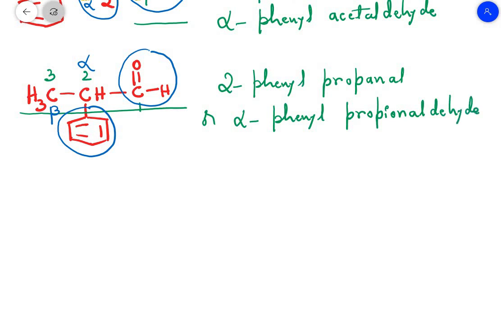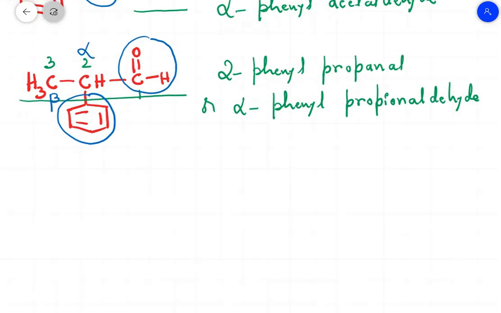We will not call it propanaldehyde. Why? Because aldehydes, when subjected to oxidation, give carboxylic acid, that is, the 3 carbon one will be converted into propionic acid, and hence we can understand that if it is an aldehyde, then the name will be propionaldehyde.